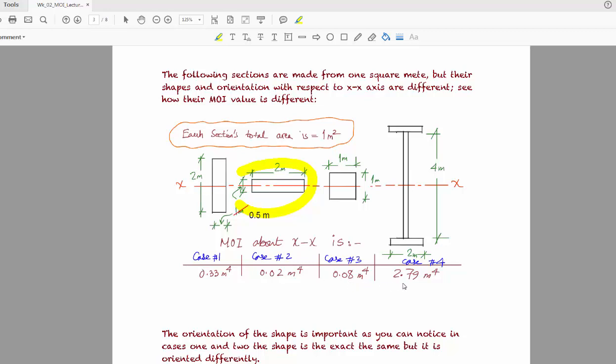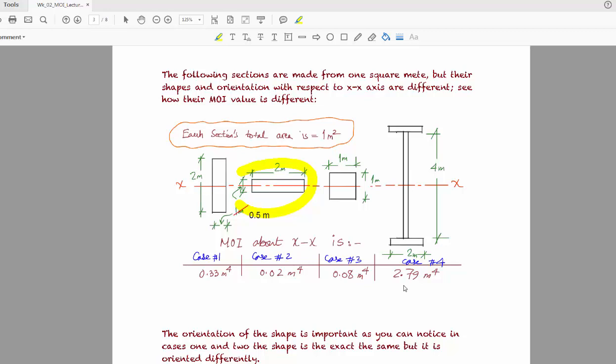Now if you want to change the entire thing, like in case number 4 here, and you mold this into this shape, then you will get a moment of inertia which is 2.79, and this one is stronger than the first one, 2.79 divided by 0.33, by 8 times.